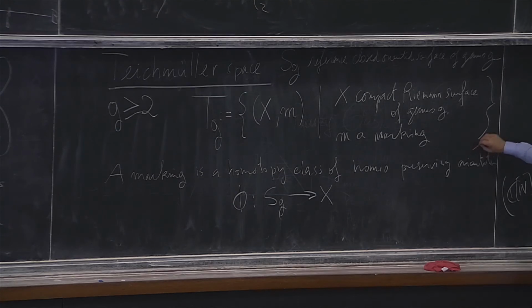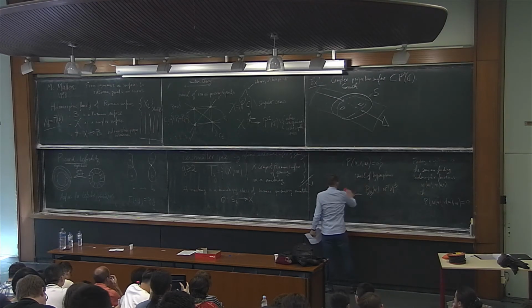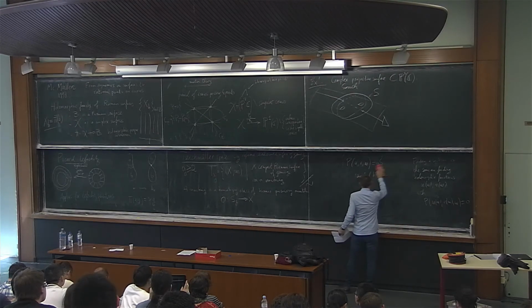I have to make a quotient here, because if I consider the set of all Riemann surfaces and all markings, it's going to be too much.